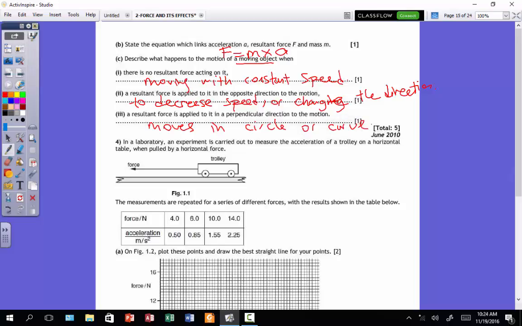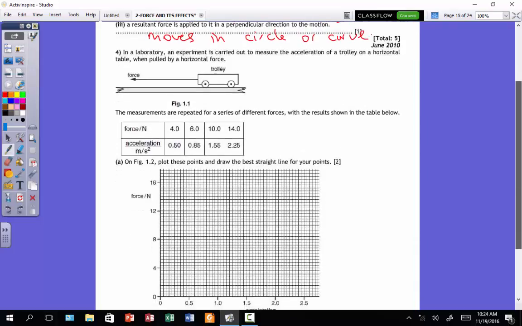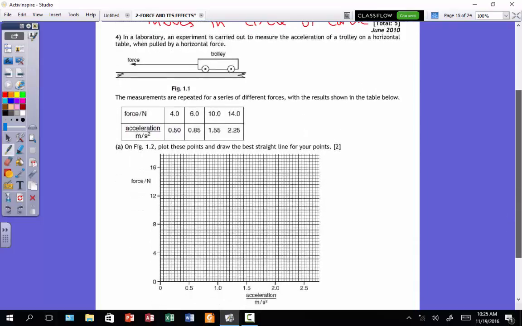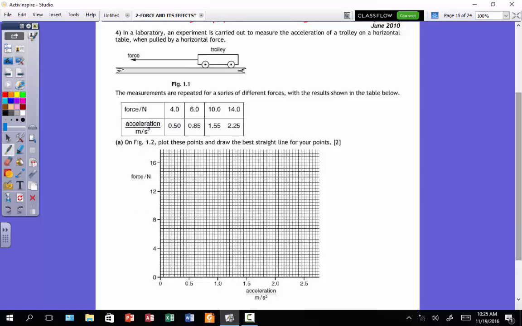Okay, let's continue with question 4. In a laboratory, an experiment is carried out to measure the acceleration of a trolley on a horizontal table when pulled by a horizontal force. The measurements are repeated for a series of different forces, with the results shown in the table below.